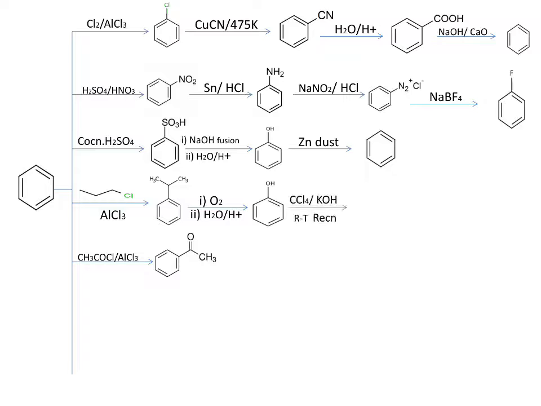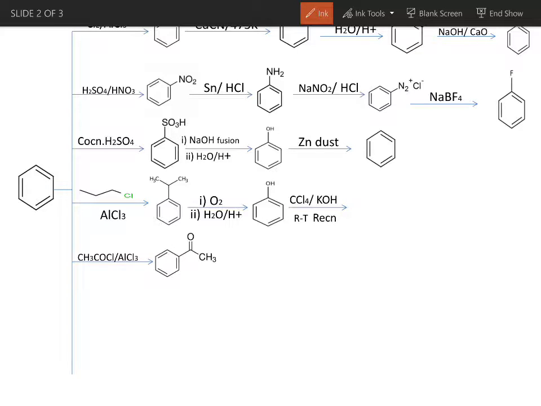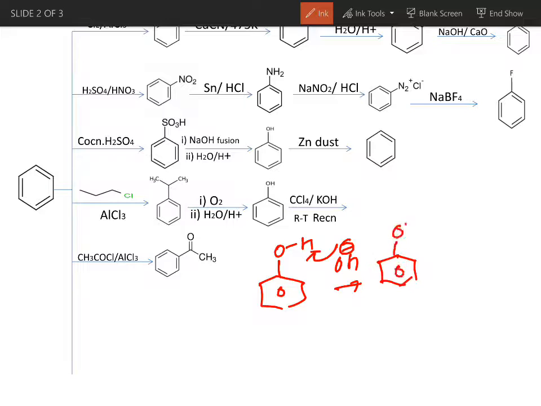Now this phenol is further reacted with CCl4 in presence of base, carbon tetrachloride and base KOH. On the arrow they have also written it as RT reaction. RT reaction means Reimer-Tiemann reaction. In the Reimer-Tiemann reaction, first phenol reacts with base, which abstracts this proton and forms phenoxide ion.